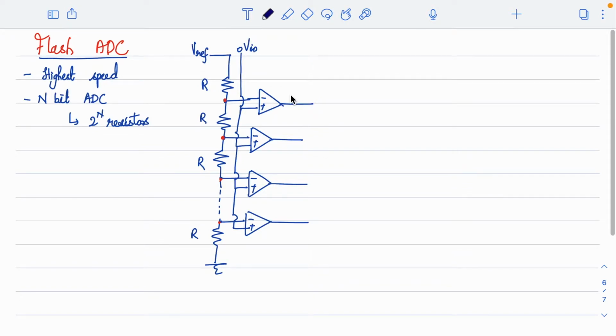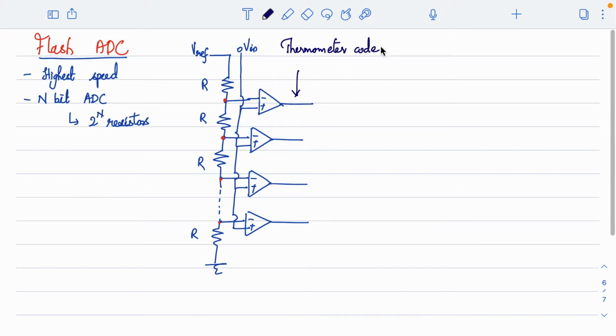I'll take an example later and look in detail at how this ADC performs the comparison and generates the code. But in general, the result of the comparators is in the form of a thermometer code.